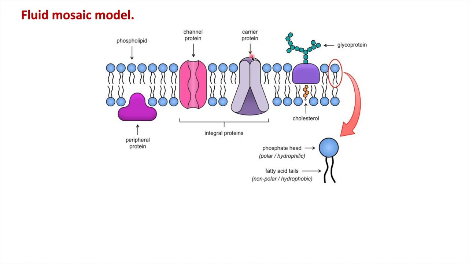It has its own function. It helps in transport of molecules which do not diffuse easily through the phospholipid bilayer, and there is some channel protein. Some molecules and ions are transported through this channel protein very easily. So this is part of the integral proteins. And here you can see a peripheral protein is present.